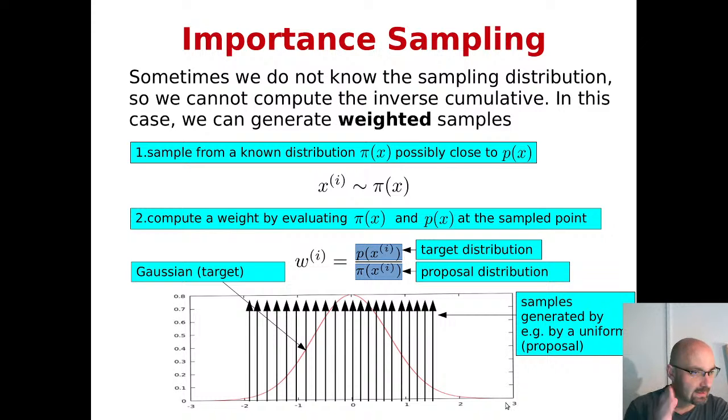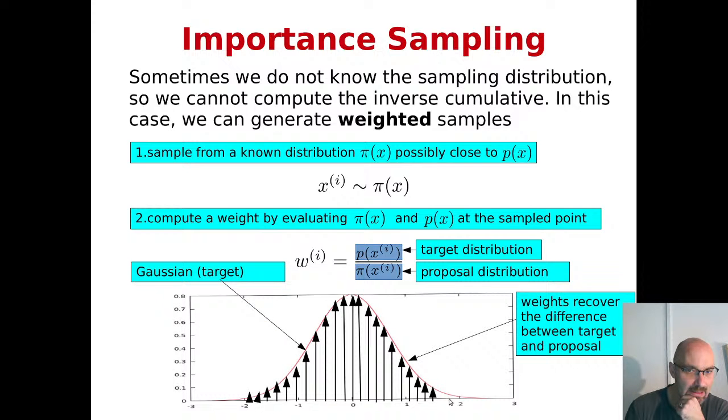Well, I draw a generic set of uniform samples, and I assign to each of them a value which is equal to the value of P in the sample divided by the value of the uniform in the sample.